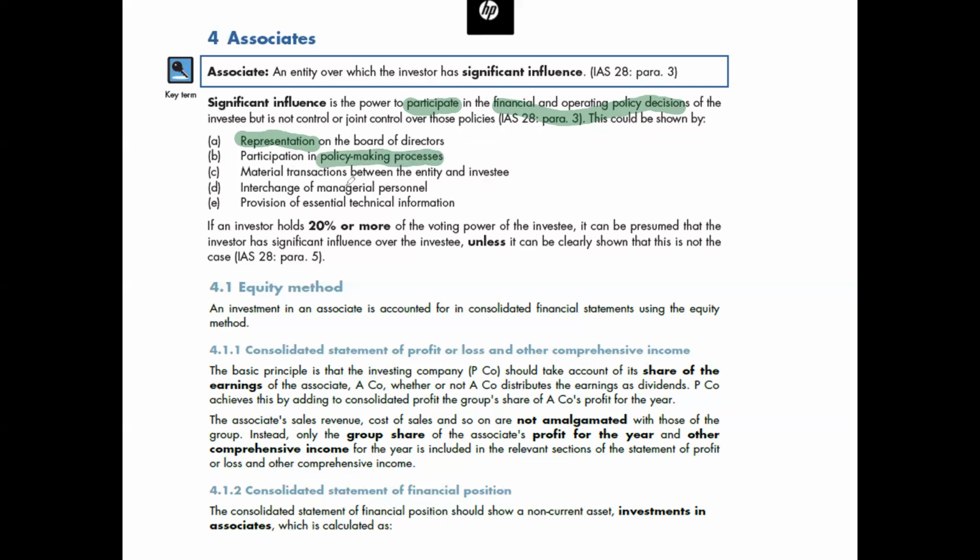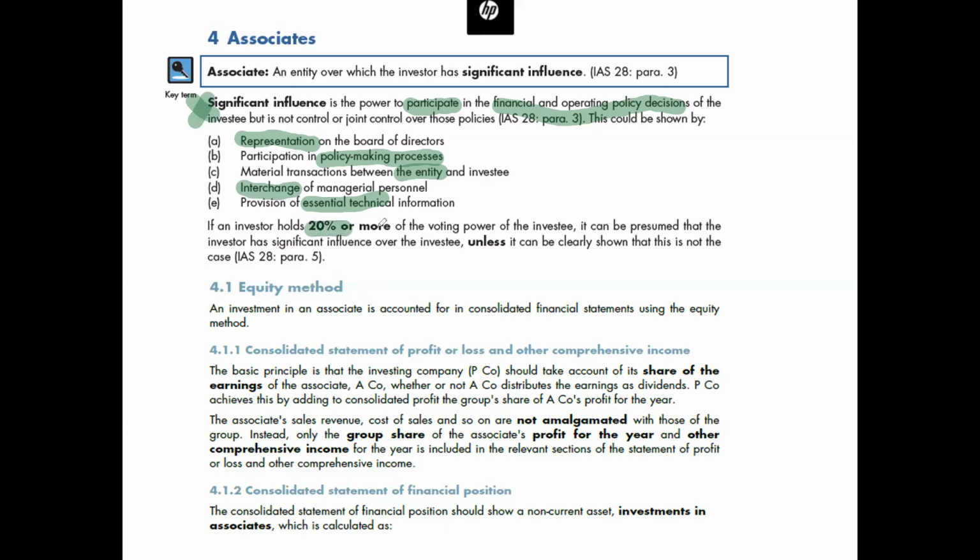If there are material transactions between my entity and the investee, meaning the parent and the associate, say 80% of my transactions are with you and the other 20% are with an outside party, that is significant influence. Or if we interchange managerial personnel, or I provide you with essential technical information, that is all an indication of significant influence.